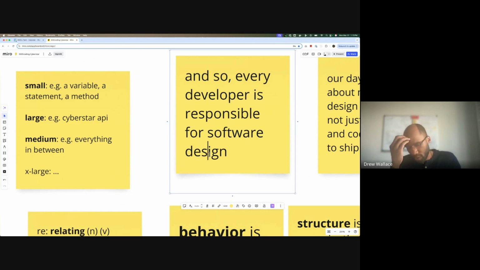Many times you'll see organizations where developers just get handed a set of requirements, and their job is just to code them. It's not really to think about design, where to put elements, how to structure and organize them. But in this discipline, every developer is designing with every line of code they write.